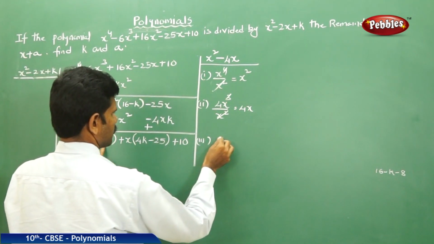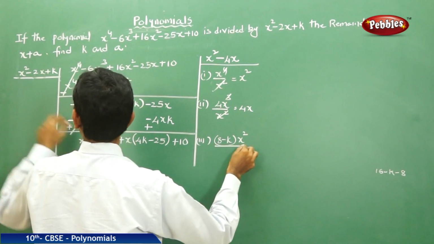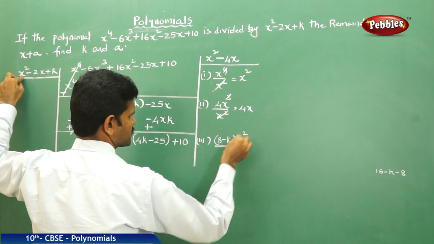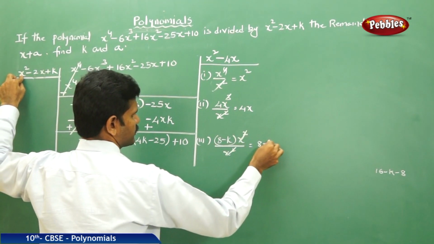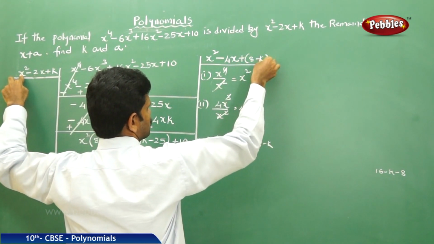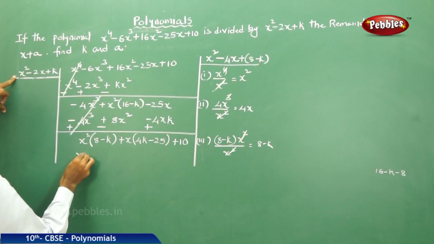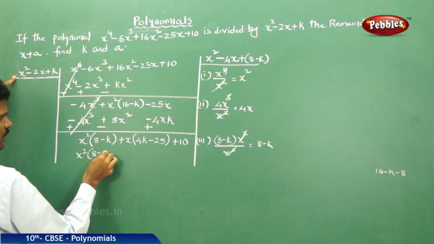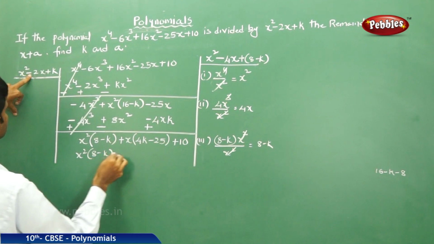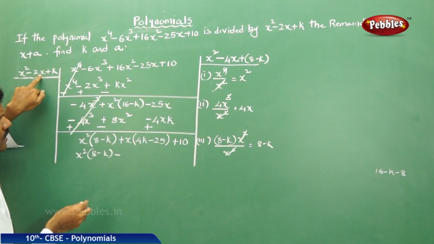Next part, third cancellation: (8 minus k) x^2 by x^2, x^2 gets cancelled, leaving 8 minus k. So (8 minus k) into x^2 is (8 minus k)x^2, minus 2x into (8 minus k).